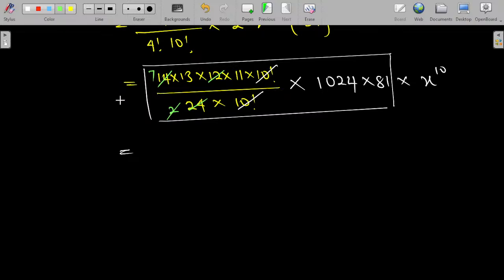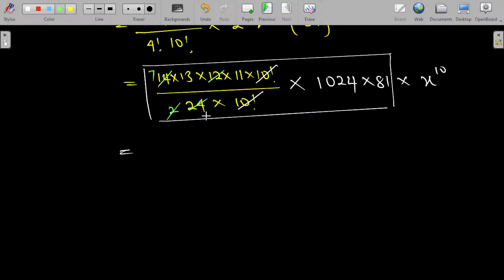So we now have 1024 multiplied by 81, then multiplied by 7, then multiplied by 13, and finally multiplied by 11.